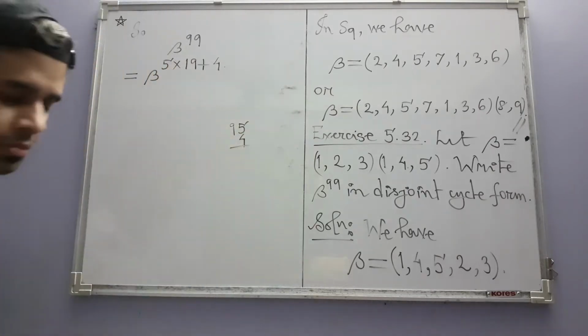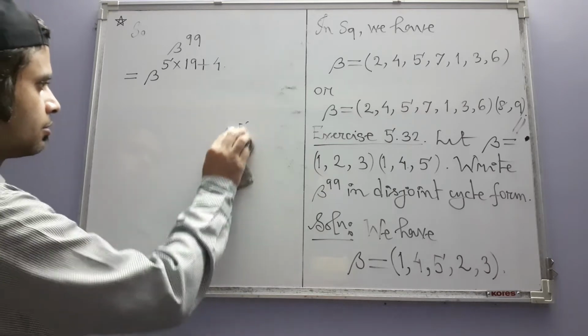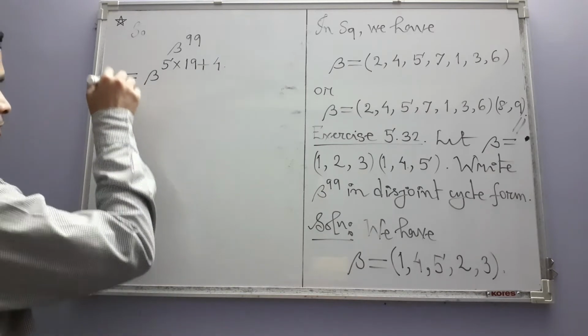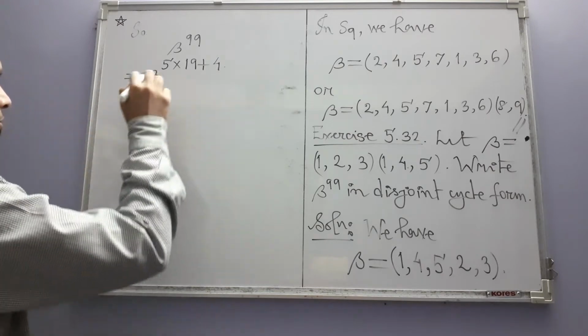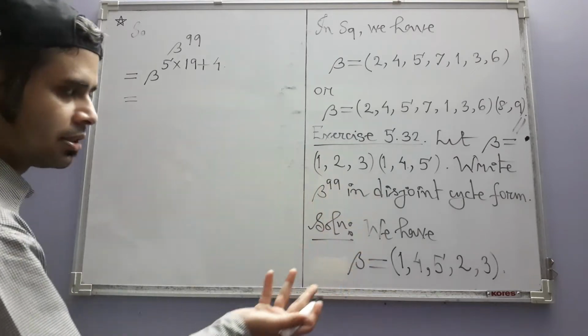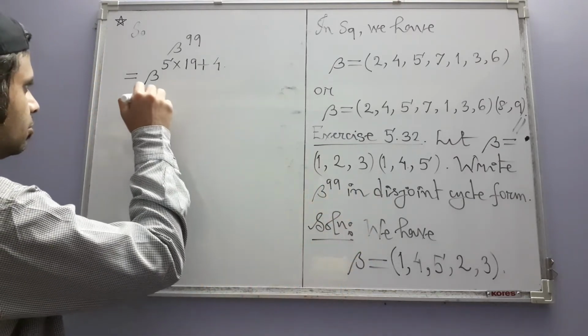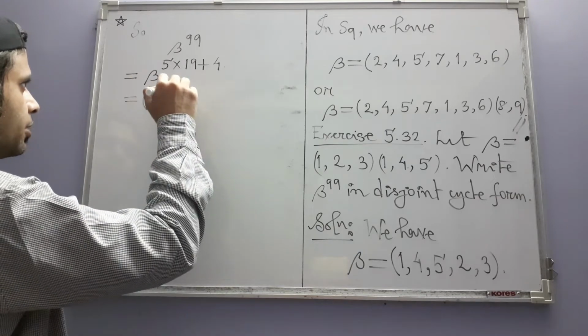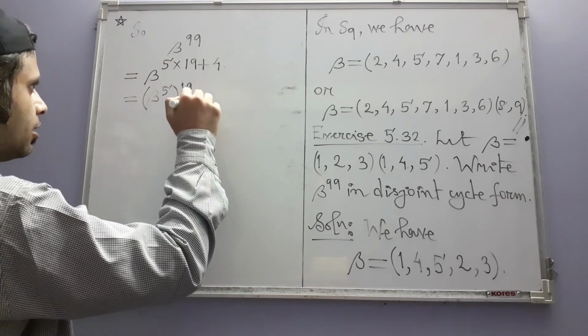Yes, it's okay. So using the rules of exponent, because beta is after all coming from some symmetric group, right? It's coming from a group, so the rules of exponent are applicable. So using them, you can write like this.